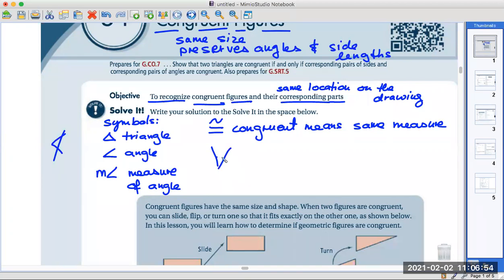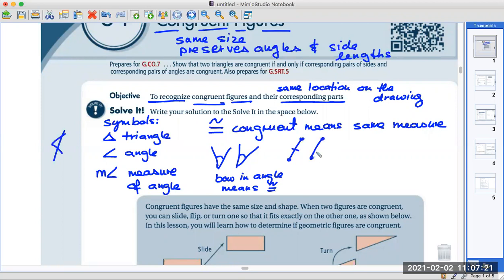So an angle is equal if you have that bow inside. So the bow tells you that these two angles are equal. I'll just use congruent here. Okay, and then if you have side lengths, it's a little dash.